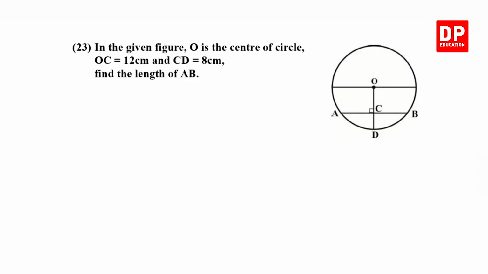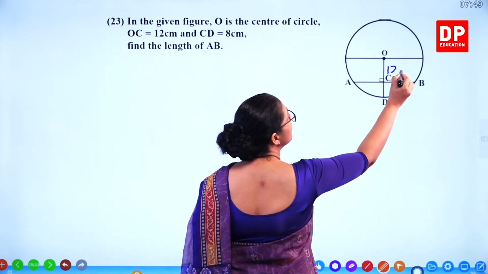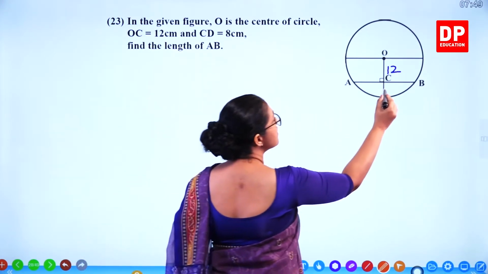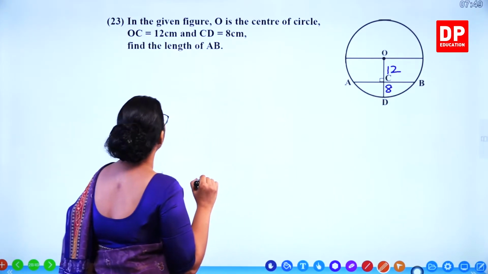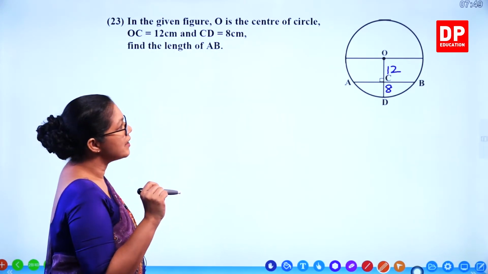Question number 23. In the given figure, O is the center of the circle. OC is 12. So this one is given 12. And CD is 8. Find the length of AB. So AB is a chord.